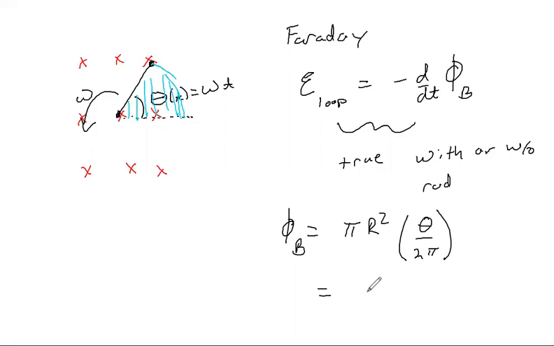So that's just going to be 1/2 r squared, remembering that theta equals omega times t. Okay, so that is the magnetic flux through that wedge.